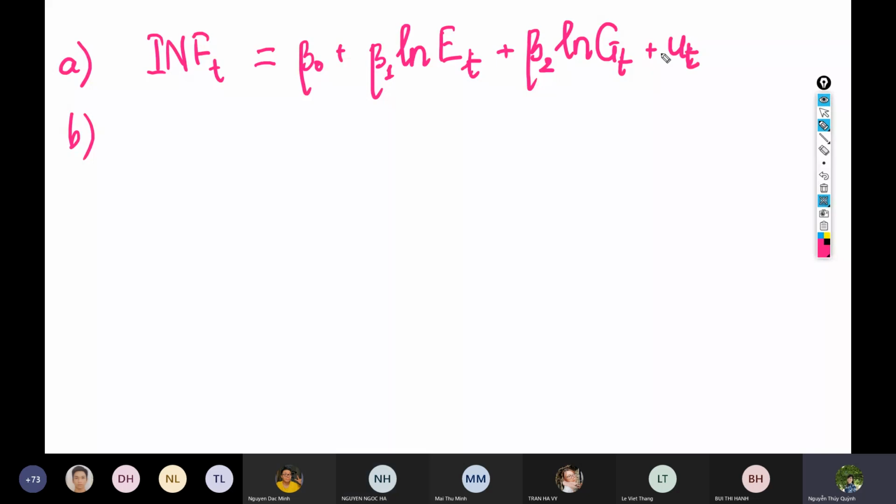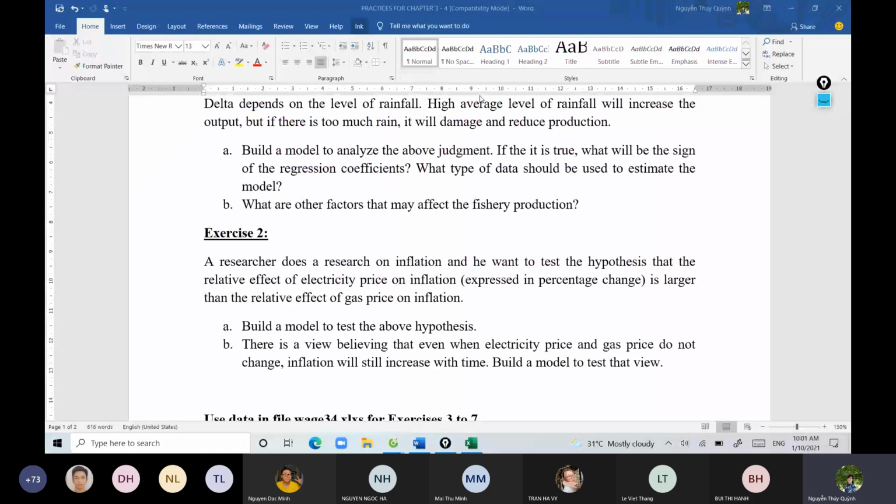So now our hypothesis is that besides electricity price and gas price, we still have one more factor that affects the level of inflation, which is the time. So even when electricity price and gas price do not change, inflation will still increase with time.